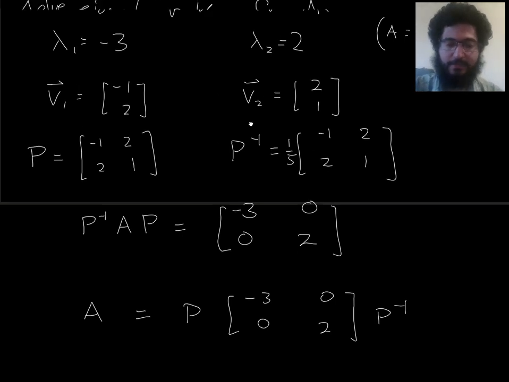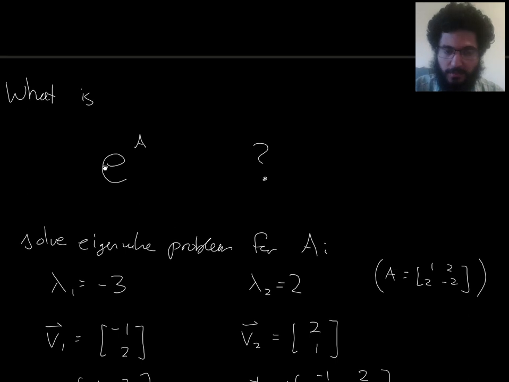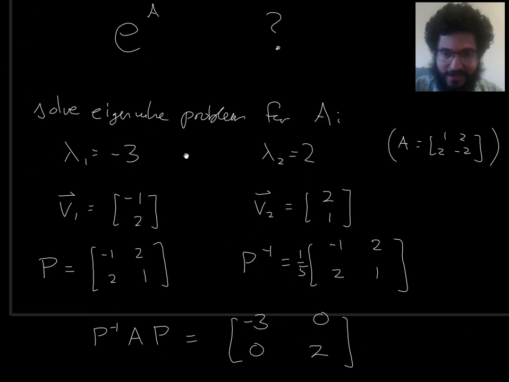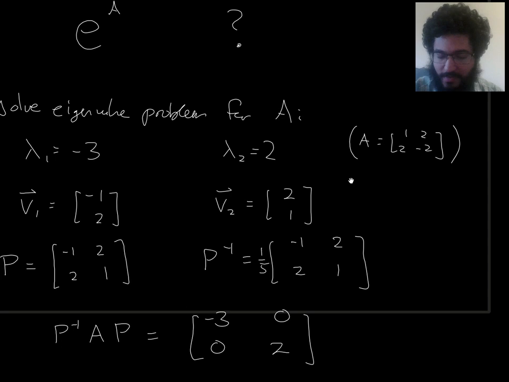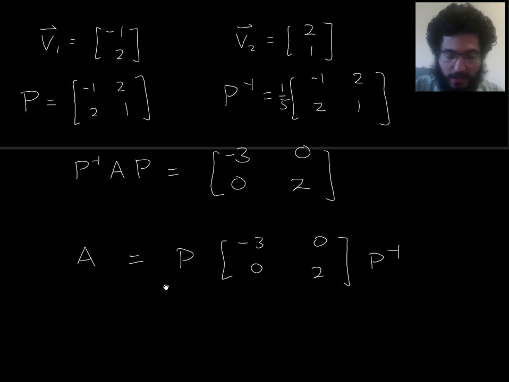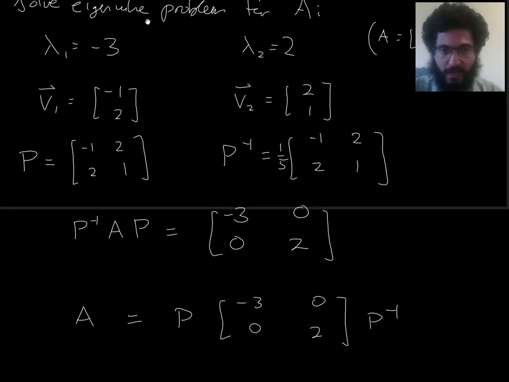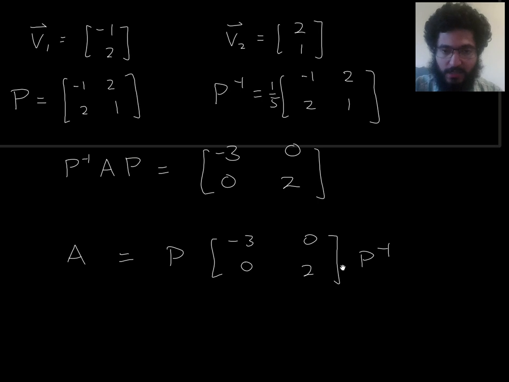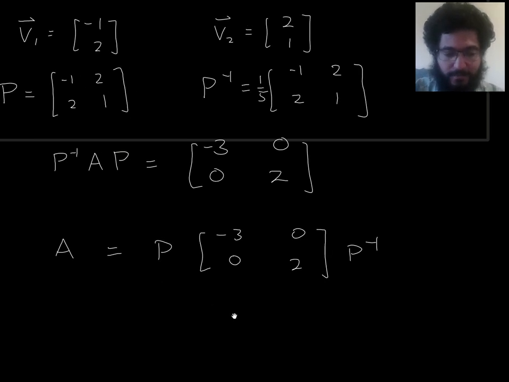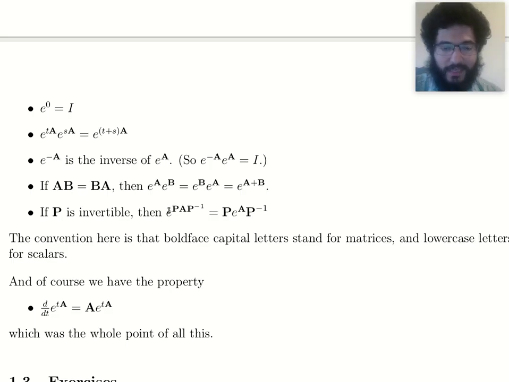All right, now remember, our goal was actually to compute e to the A, right? E to this matrix. But look, by solving the eigenvalue problem for A, we've written A as a conjugate of a diagonal matrix. But e to a conjugate of something equals the conjugate of the e. The exponential of a conjugate equals the conjugate of the exponential.